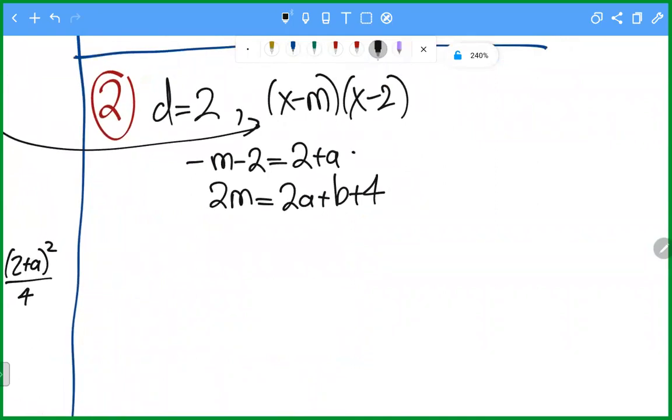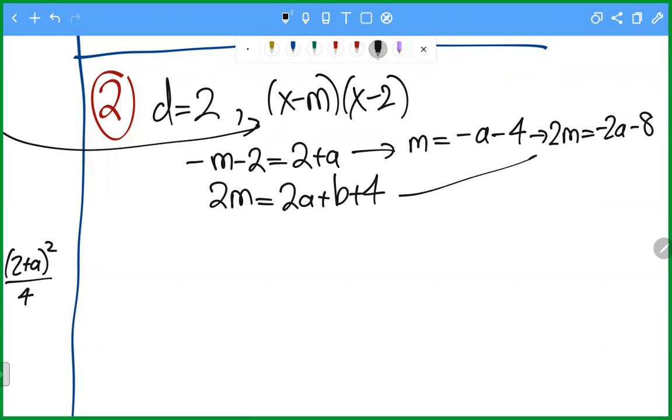From the first equation, I obtain m equals negative a minus 4. When I double it, I get 2m equals negative 2a minus 8. Then I set those two equations equal to each other, so I obtain negative 2a minus 8 equals 2a plus b plus 4.